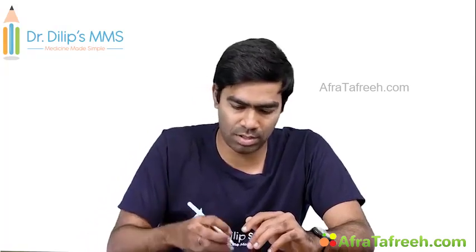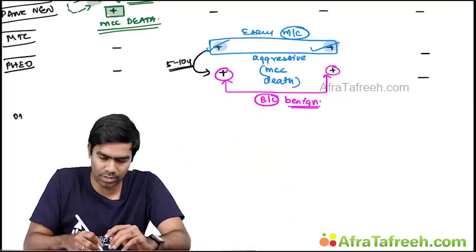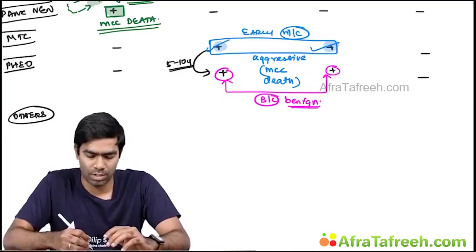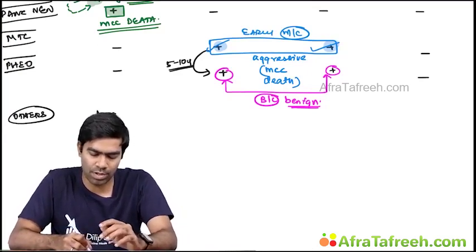Okay, so now not only these features, you can also get other miscellaneous features. What are the other features that are characteristic of MEN1 syndrome? You can get angiofibromas.